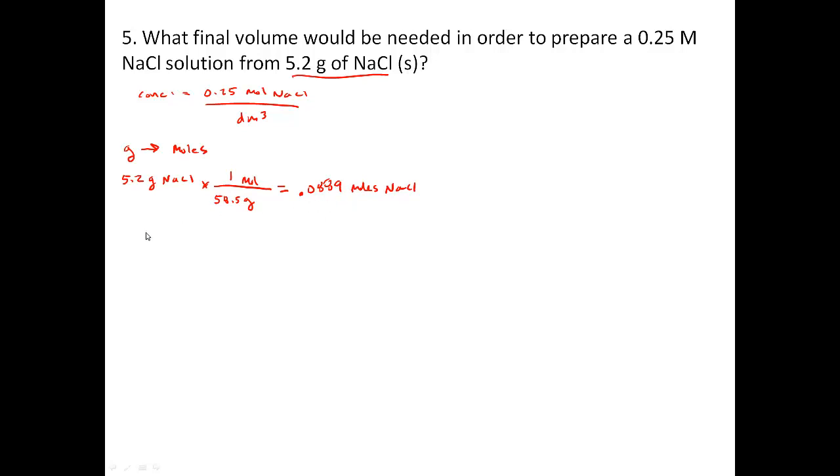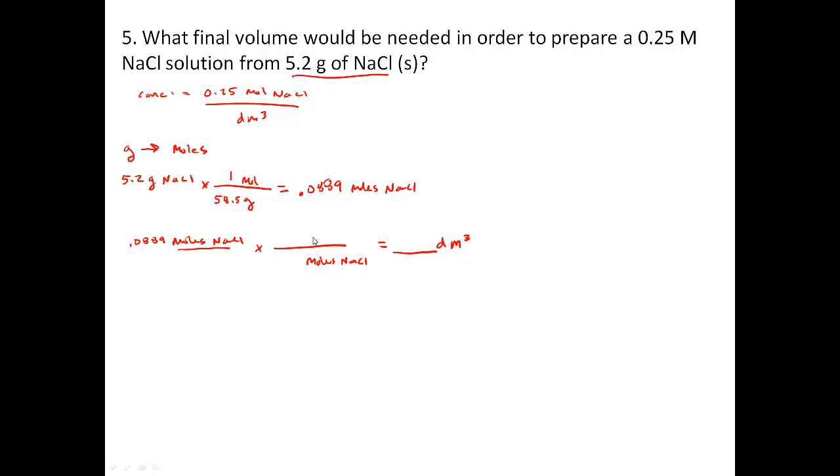Well, if I know how many moles I have, and I really want to know what my volume is, so I'm going to put this on the right. I'm trying to figure out what this is on the right. If I use my concentration, I can figure out what volume I need. And it works like this. I've got moles here. Go ahead and put the moles on the bottom so you can cancel that out in terms of units.